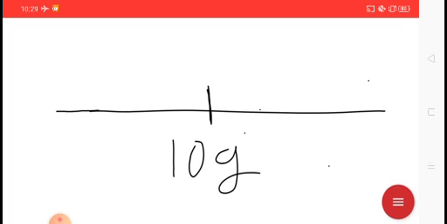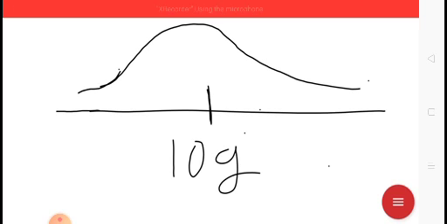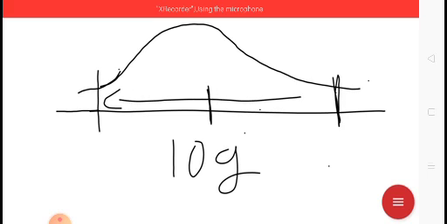So in a factory you may produce something in between 10 grams. So this confidence interval means this range you will accept the sample. You will accept the products.